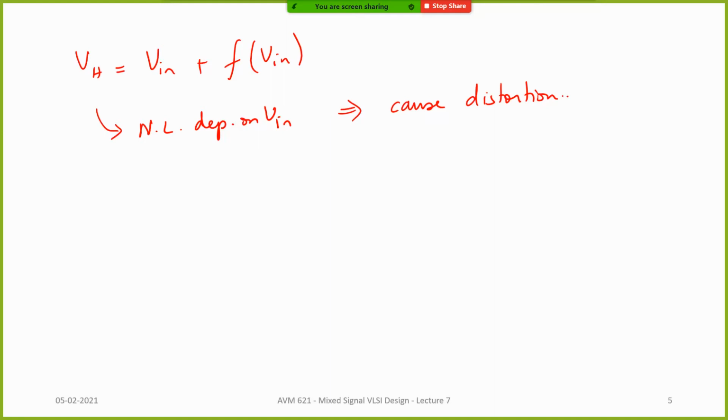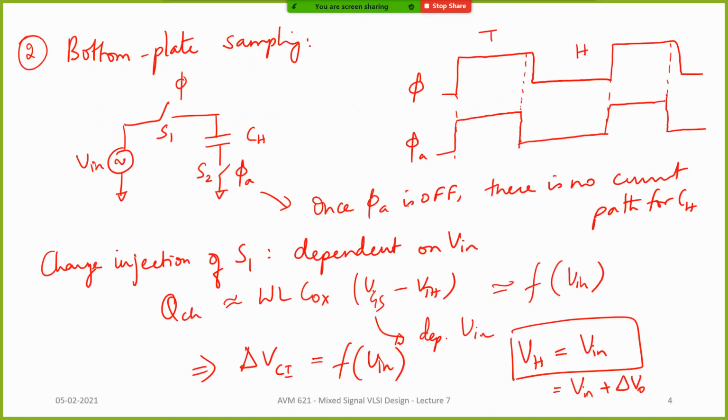So the moral of the story is the charge injection due to S1 is dependent on Vin, which basically causes distortion. Whereas S2 is basically either tapping to ground or not. That's it. The value it is having is 0 volt, right?